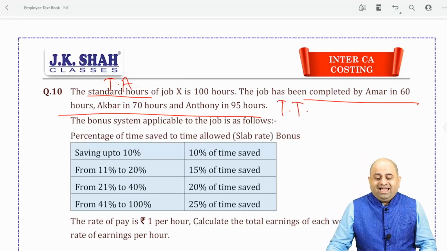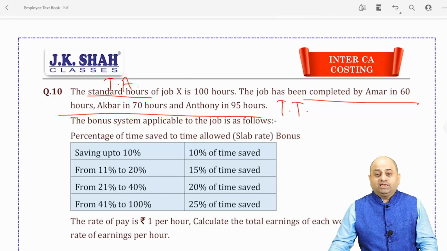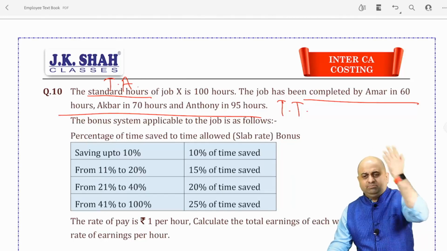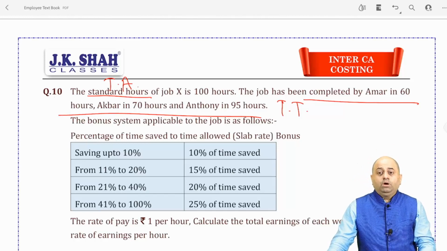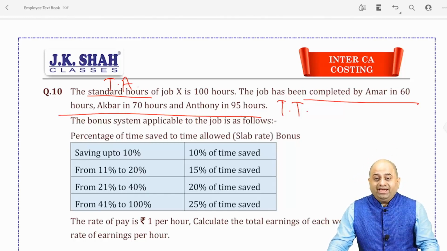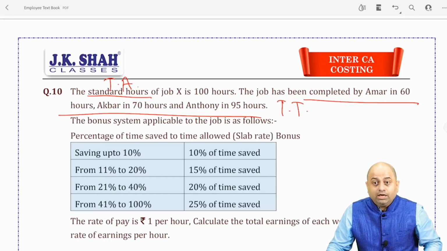For your benefit, I would like to do the calculation of Amar so that you can remember this particular calculation, and same calculations are repeated throughout the problem. But for that, I need to bring the board in front of you. Give me 1 minute, please.